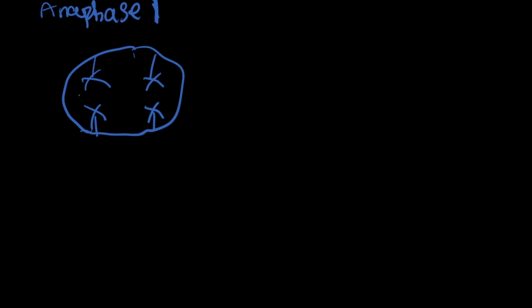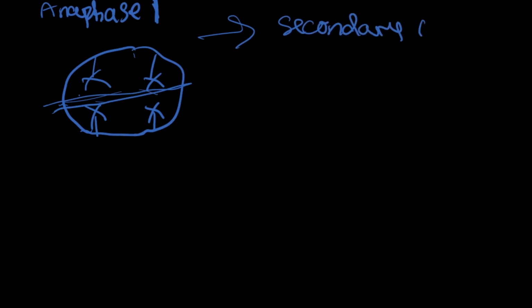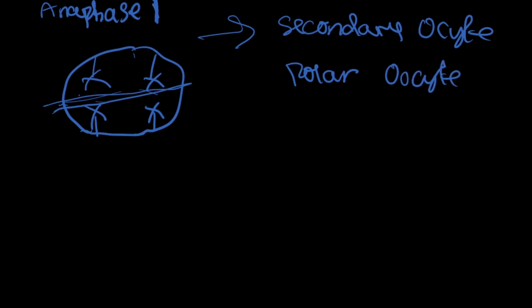telophase and then cytokinesis. When these chromosomes get to opposite poles, we might expect the cell to divide into 2 equal daughter cells. However, this is not so. The division is actually unequal, and leads to the formation of a secondary oocyte and a polar body. The secondary oocyte takes most of the cytoplasm, so we have something like this.